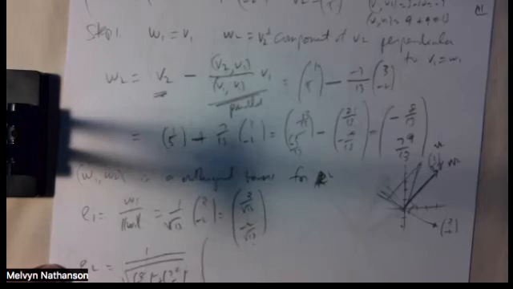And E2, which I'm not going to calculate because the numbers are just too much arithmetic for right now. You just take the length of this vector, so it's 1 over the length. So the length is the square root of 8 over 13 squared plus 79 over 13 squared, whatever that turns out to be, times the vector.